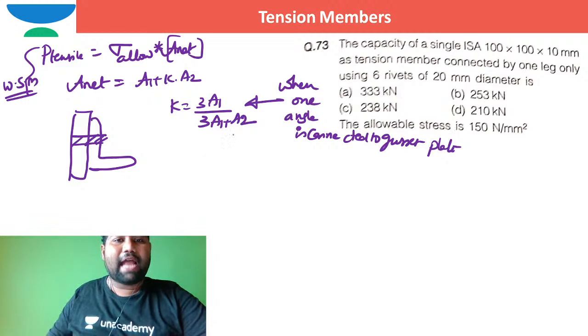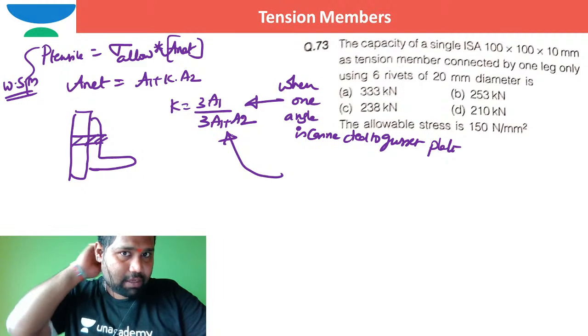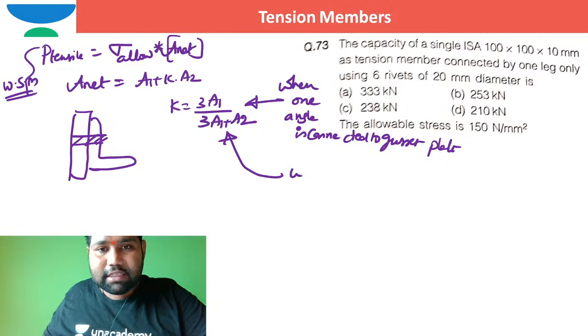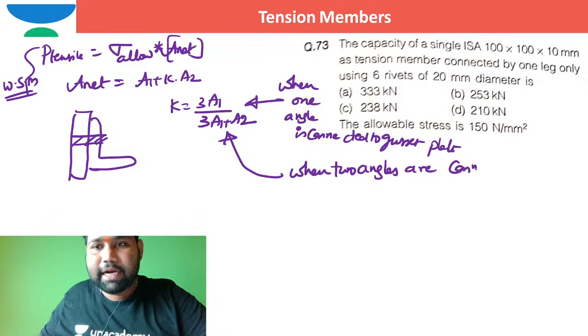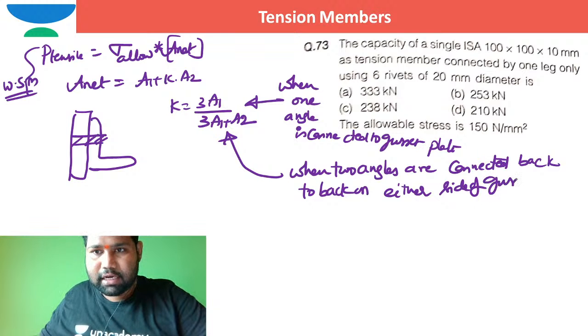Some people say the answer is the same: K value is 3A1 by 3A1 plus A2, and this is also the answer when two angles are connected back to back on either side of the gusset plate.